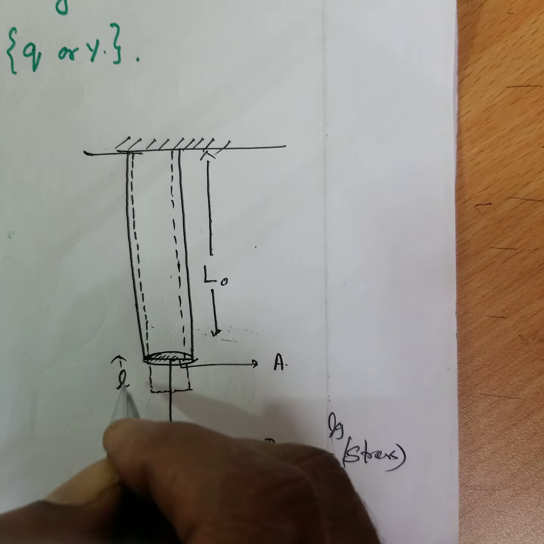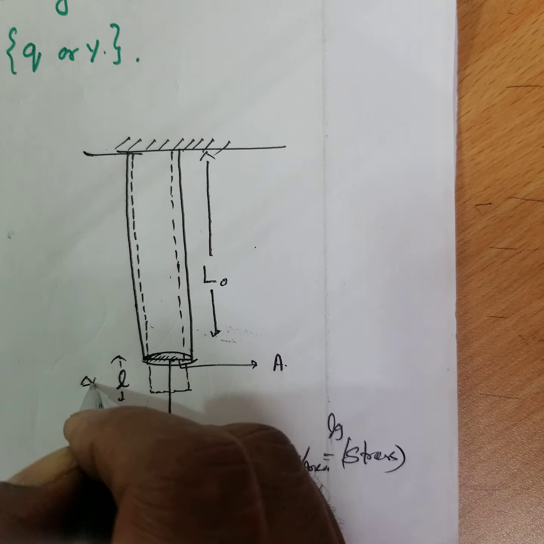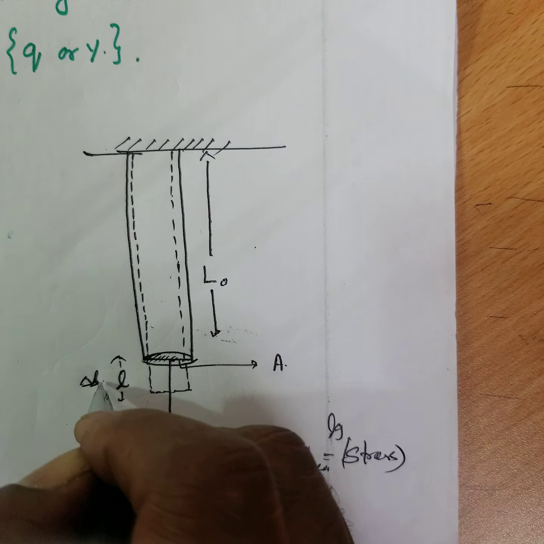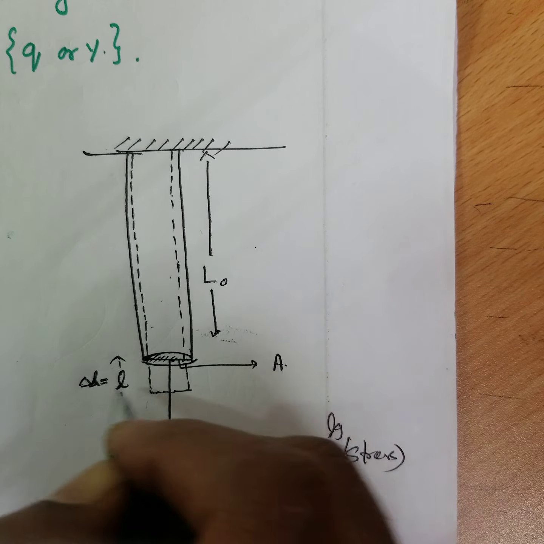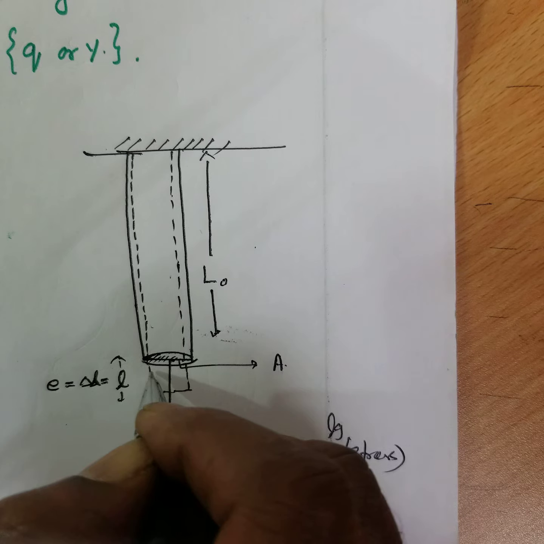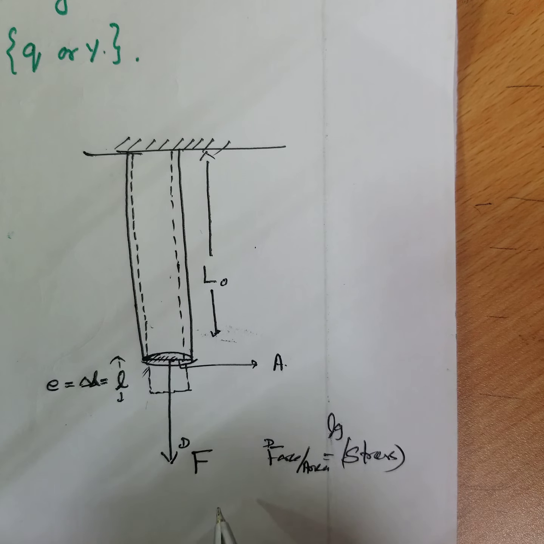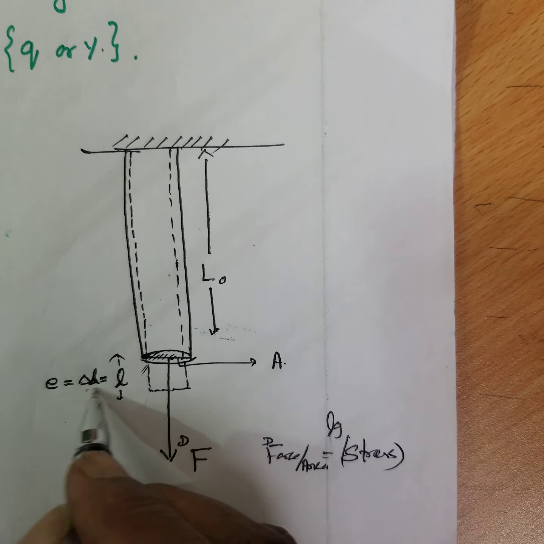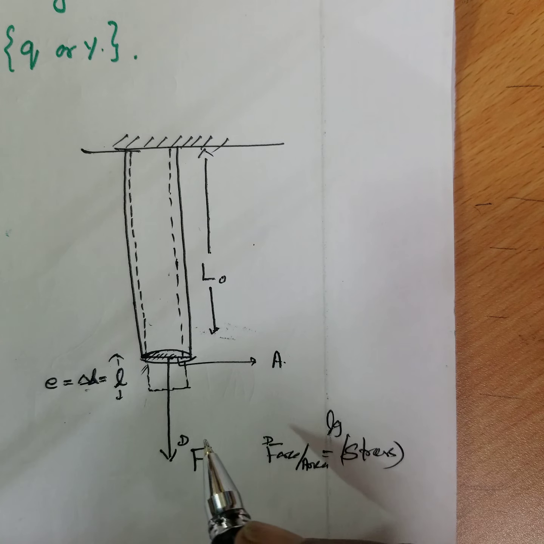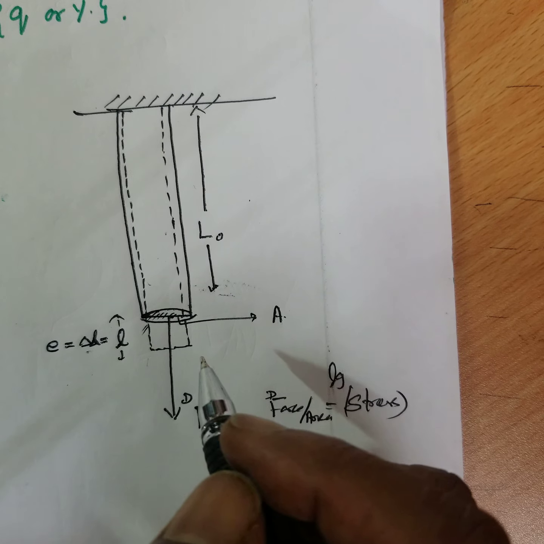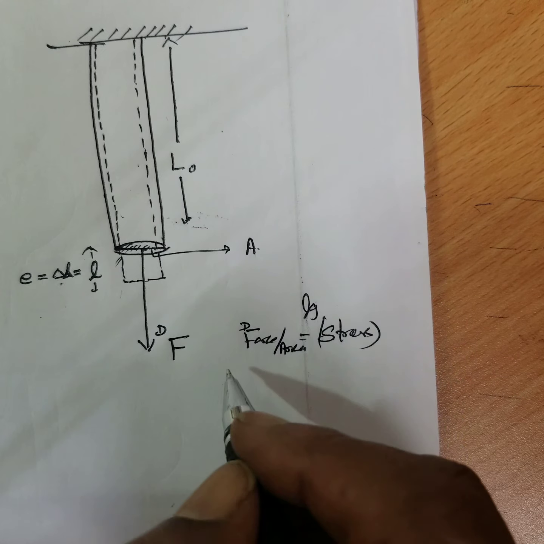Small l I'll write; some textbooks write delta L, or it is also called extension. There is a small extension. Extensions take place. There is a change in length, and therefore what is called stress?